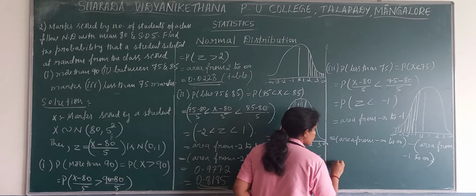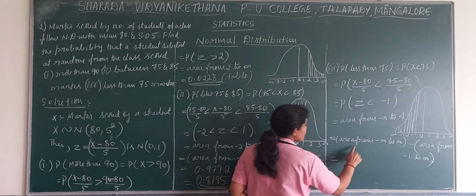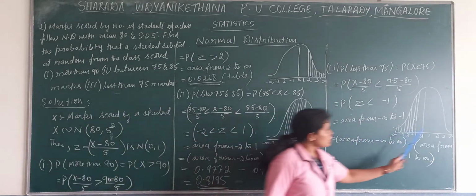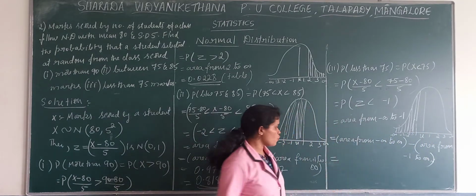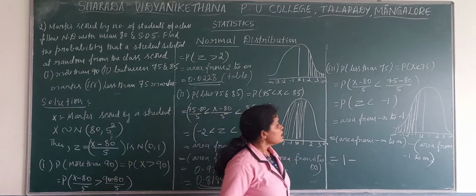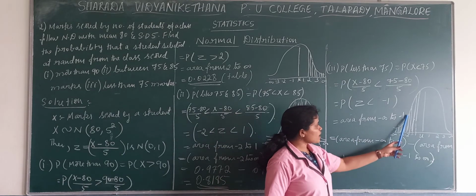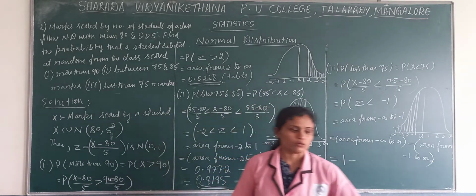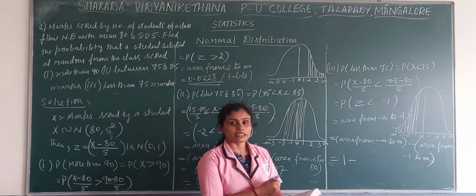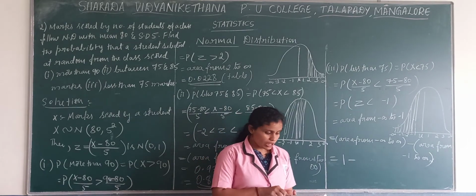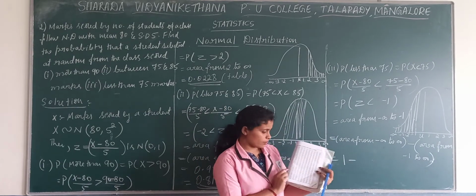Now here we know that the area from minus infinity to positive infinity is always 1. From that, deduct the table value of minus 1. What do you get for minus 1?